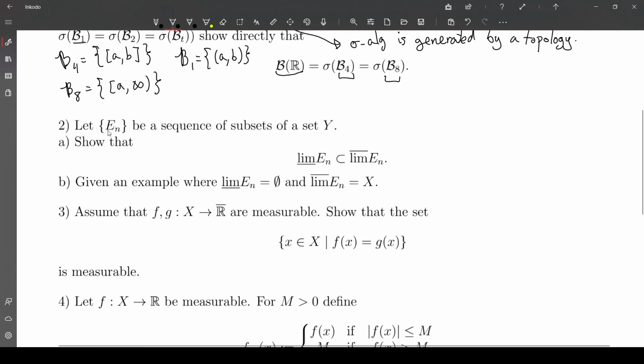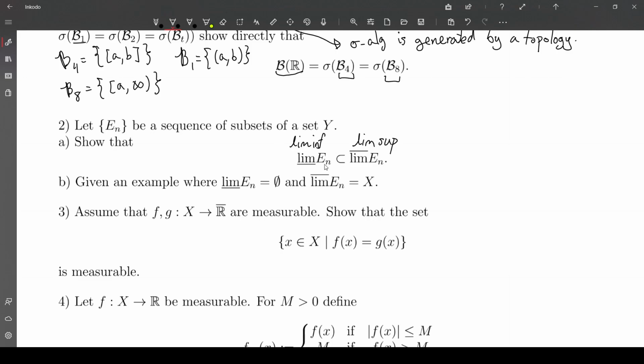All right. Problem 2 deals with sequences of subsets and sort of limits of these. So this is the lim inf, or the limit infimum, and this is the lim sup, or limit supremum. And you can define these for sequences of real numbers also.